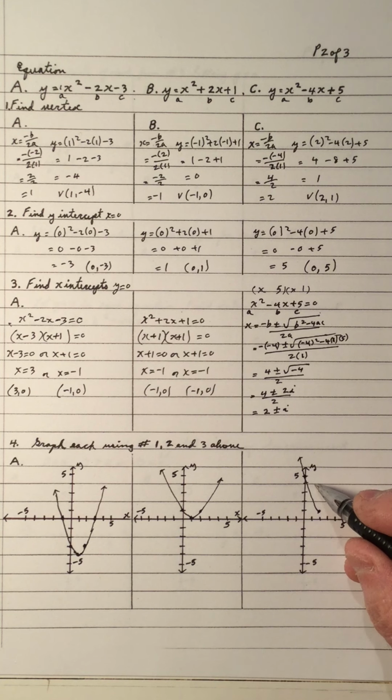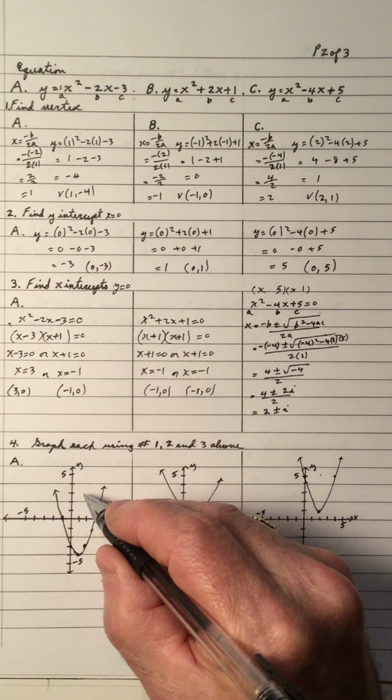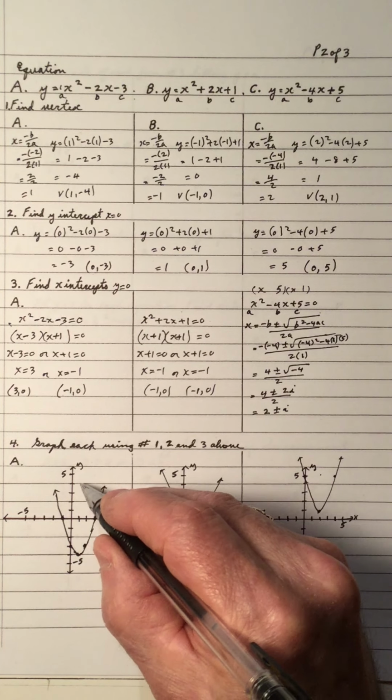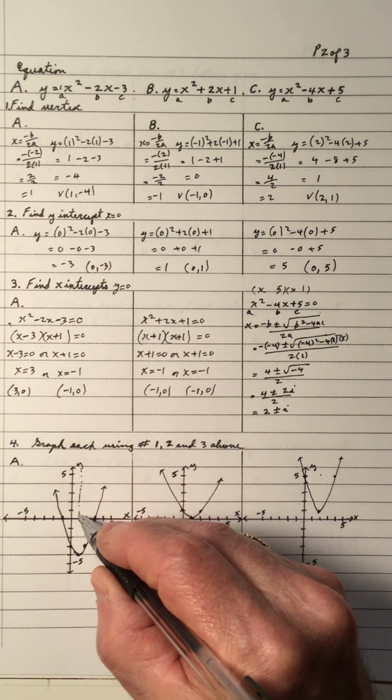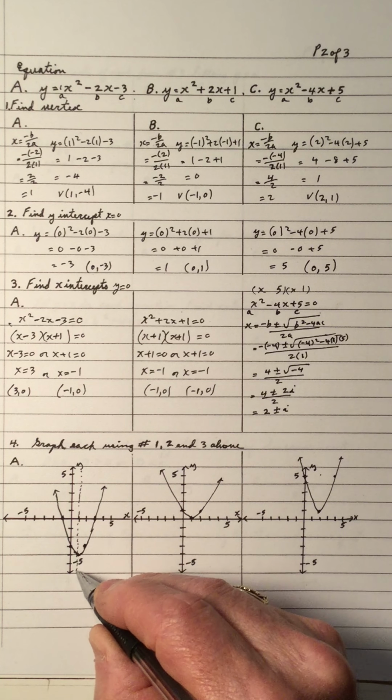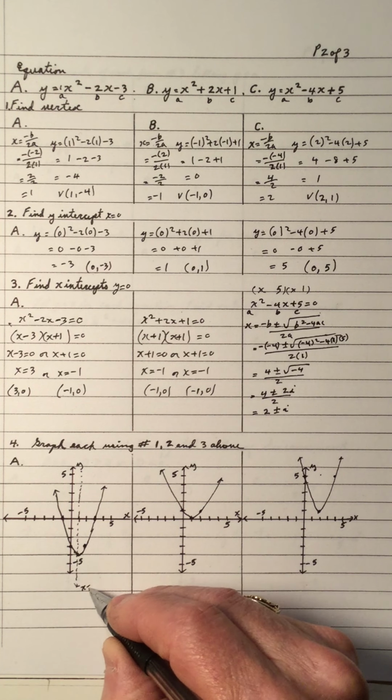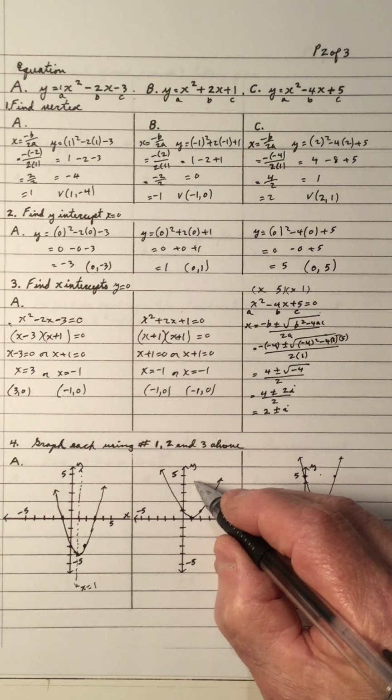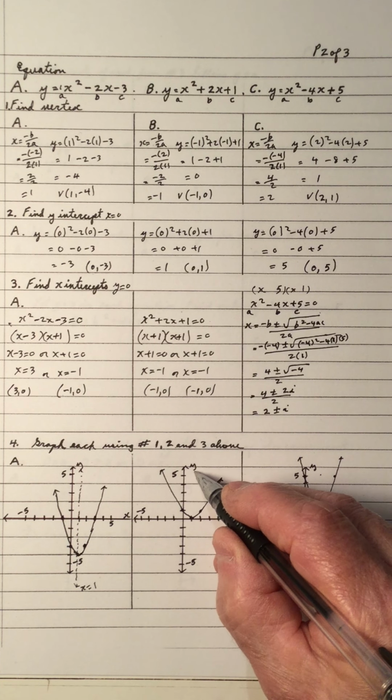And if that's 2 units to the left, so if I go 2 units to the right at 4, I should have a 5, because it's symmetrical. Remember, your axis of symmetry is straight down through the 1 like that. The axis of symmetry is x equals 1. The axis of symmetry here is x equals.